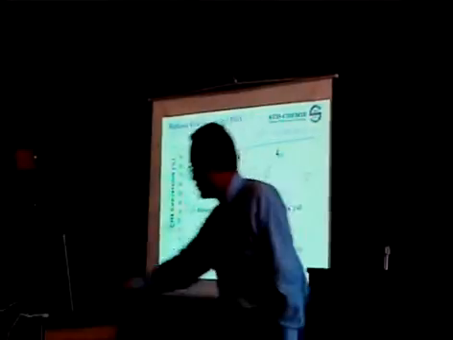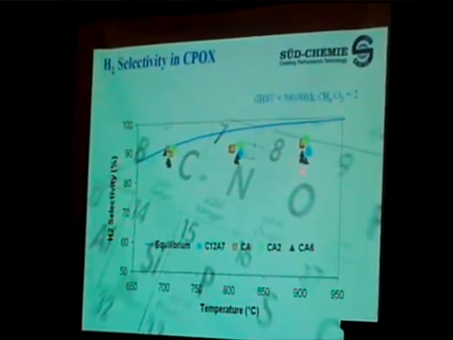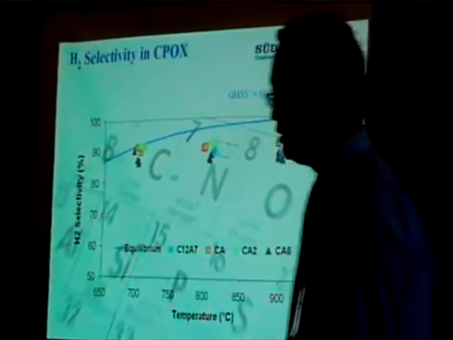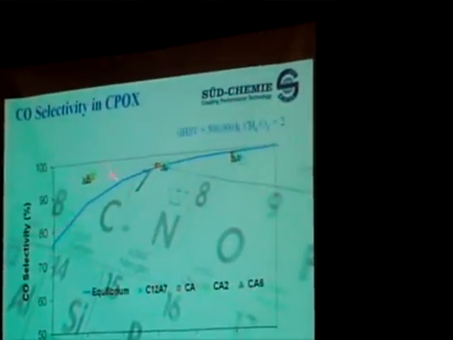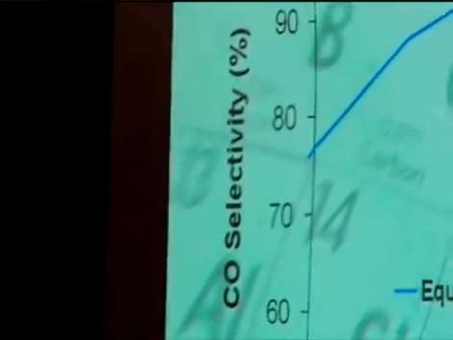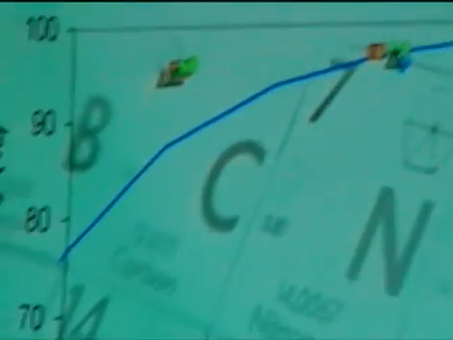And we also look at the selectivity to hydrogen, and they are pretty good, around 90+%, except this one is a little bit low. And CO selectivity is already high, about 95%. Actually, we did this at three different temperatures: 700, 800, and 900 Celsius.